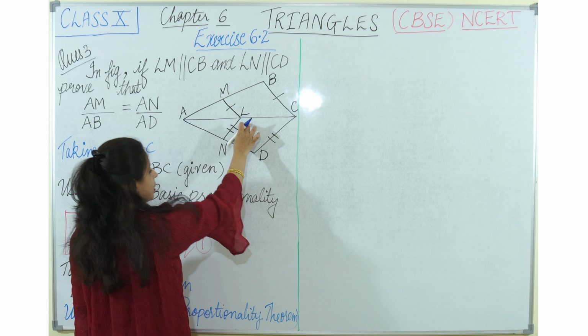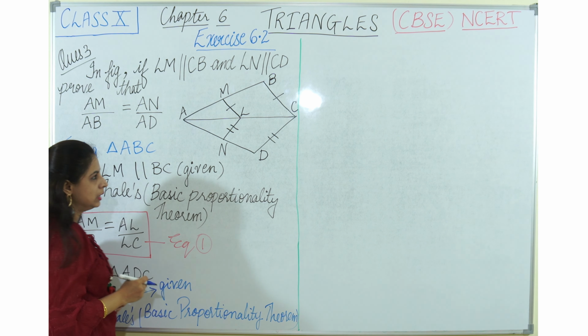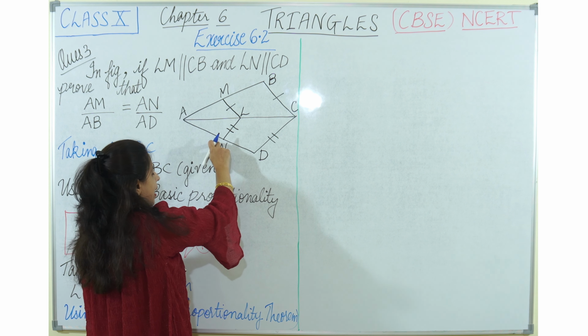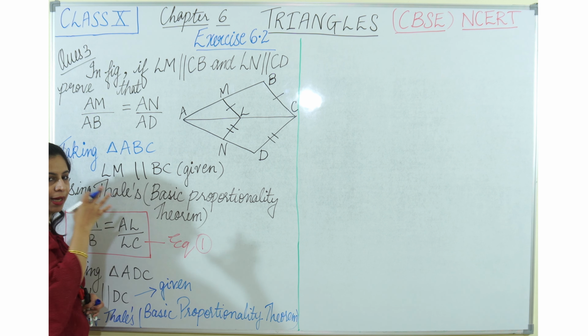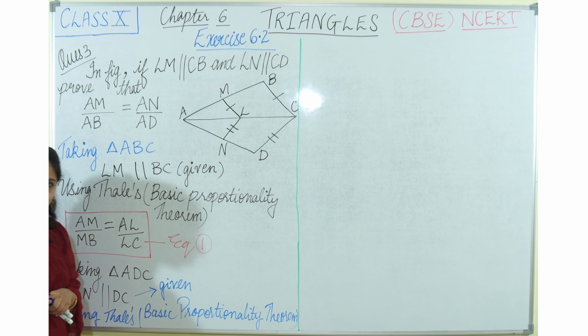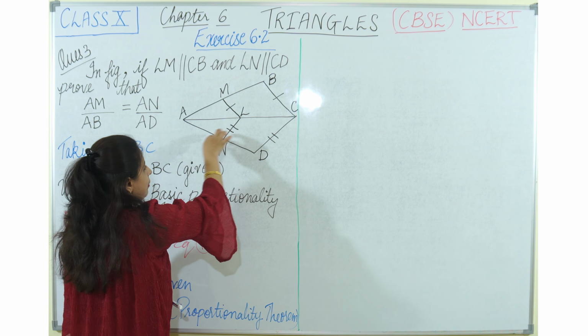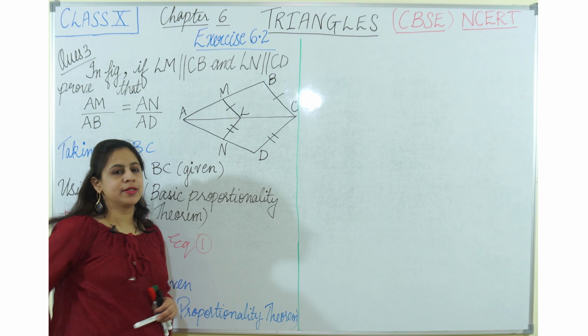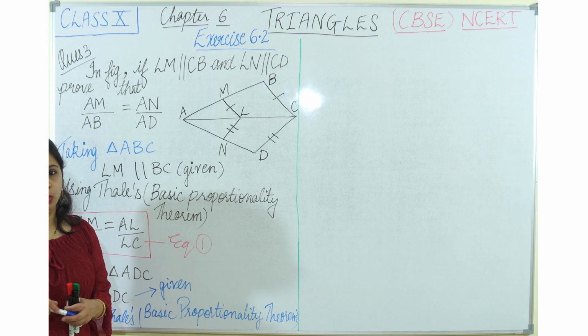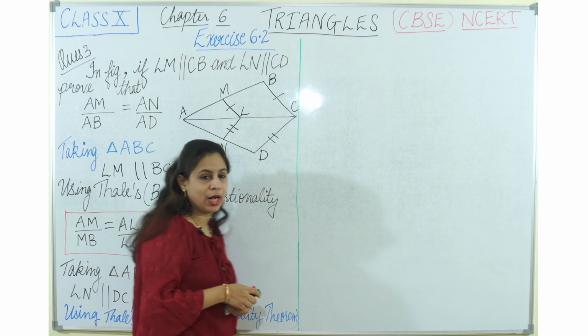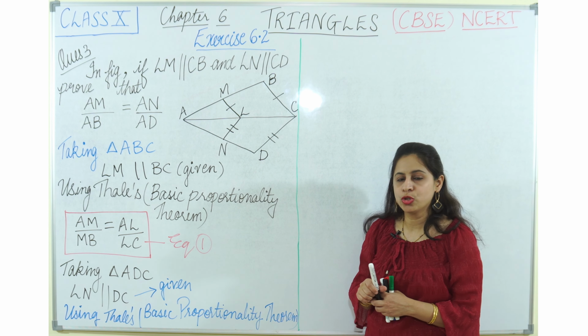If LN is parallel to one side of the triangle and L and N are points intersecting the other two sides of the triangle, then LN divides the other two sides in the same ratio.